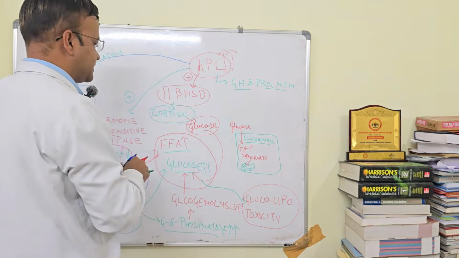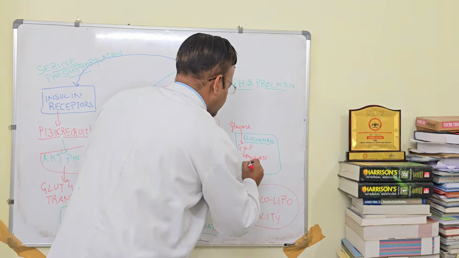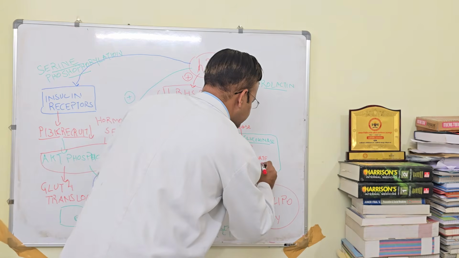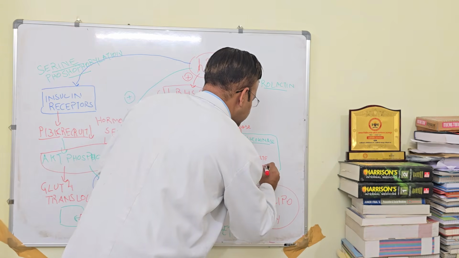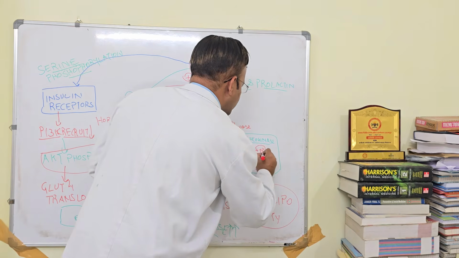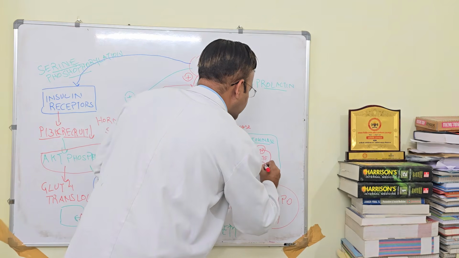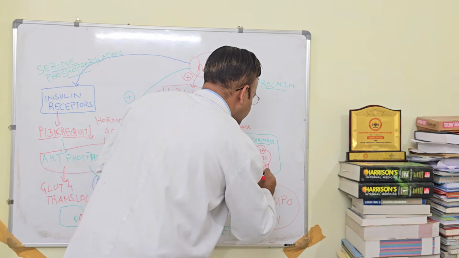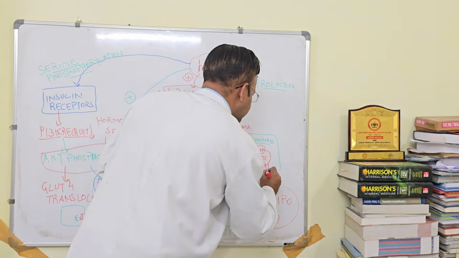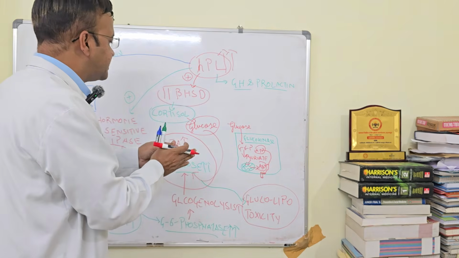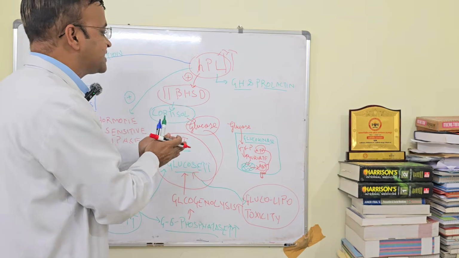And this mitochondria will produce what? ATP, right? The glycolysis will also produce ATP. Both these ATPs will combine and go where? They will go and bind to your potassium channels, right? The potassium channels inside these beta cells are ATP sensitive.